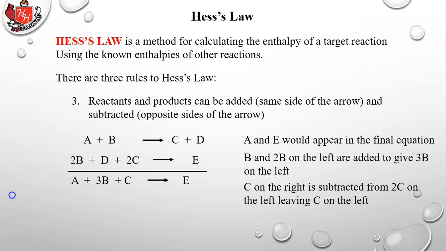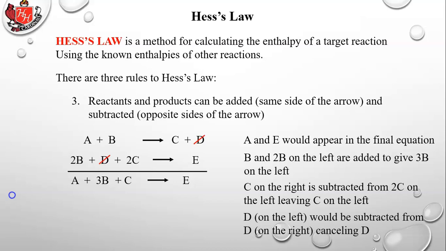There's 2C on the left, 1 on the right, so it's going to become C, and it's going to be on the left side. So that would be your final equation that you would produce from these 2 equations up above. D, there's 1D on the left and 1D on the right, so they're going to cancel out. They would basically be subtracted from each other, so there won't be any D appearing in the final equation.